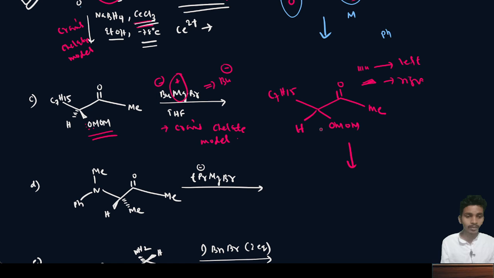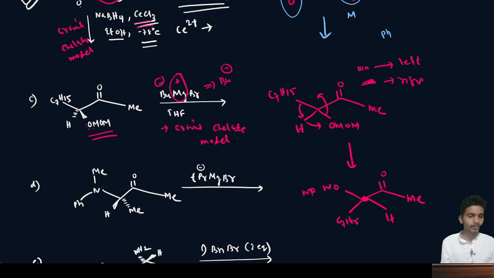Now for the Cram-chelate model, this has to be syn to this carbonyl group. To make it syn, just rotate here and rotate this and rotate this. After rotating, what will you get? This methyl and this OMe will be going to this side, and this H and this C7H15 will be here, and this H will be on this side.